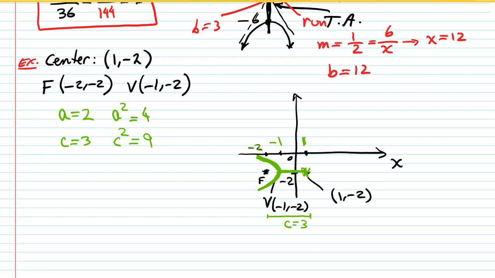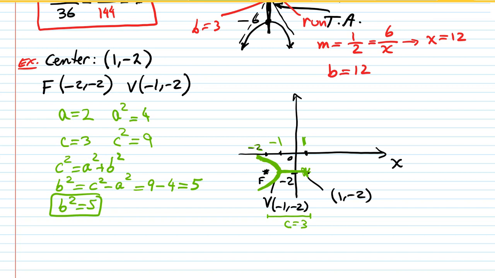Remember, for the hyperbola, C squared is A squared plus B squared. So that means B squared is C squared minus A squared. In this example, C is 3, that's 9, minus A, we said, is 2, squared was 4. So B squared is 5.